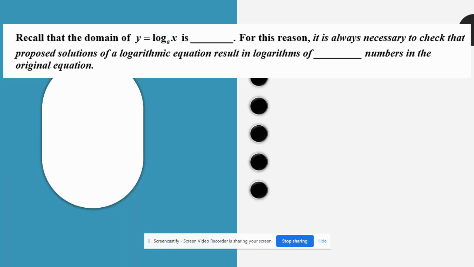So again, the reason for all of this is that our original domain on those graphs for logs went from 0 to infinity. You can only have positive values that you're taking the log of. That's why we need to make sure we check our solution so that we're only taking the log of positive numbers in the original equations.